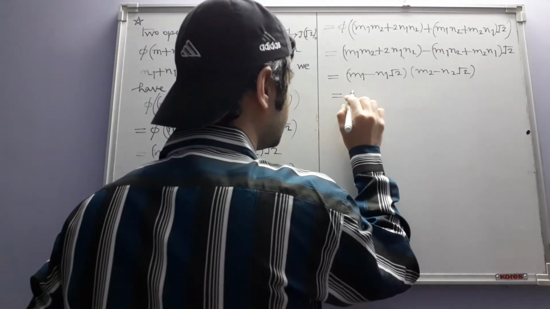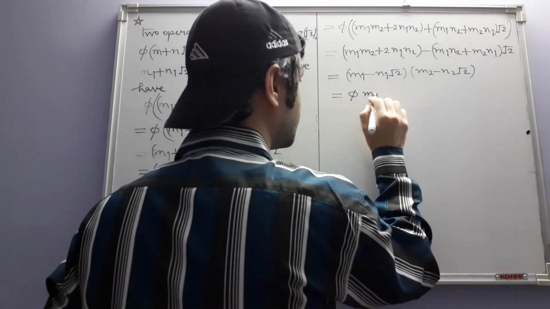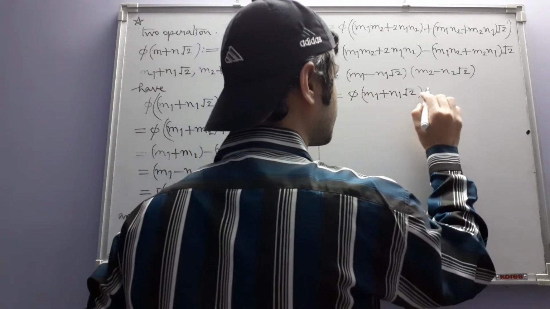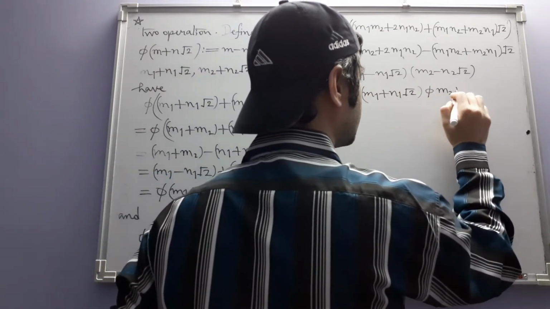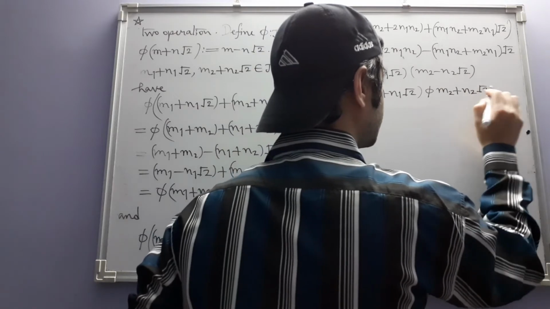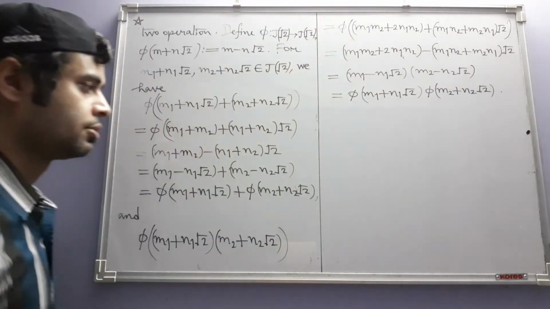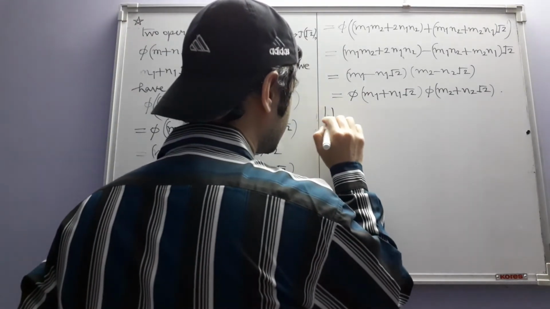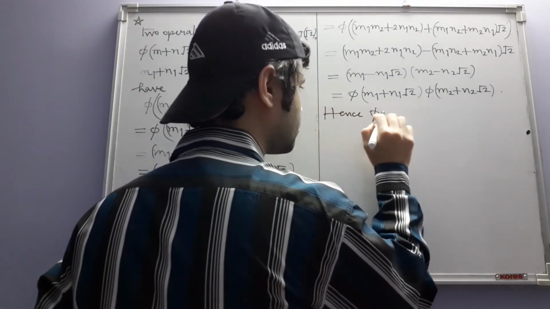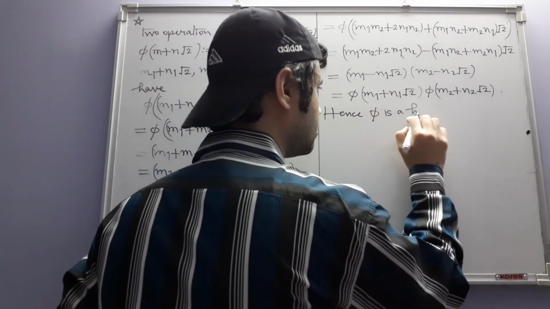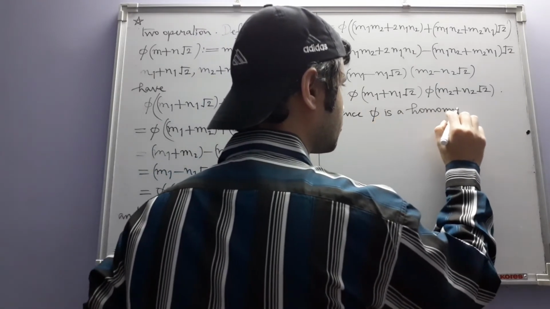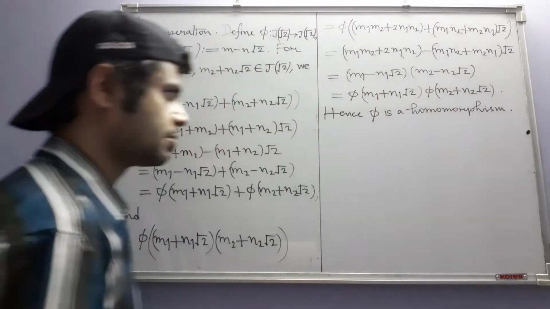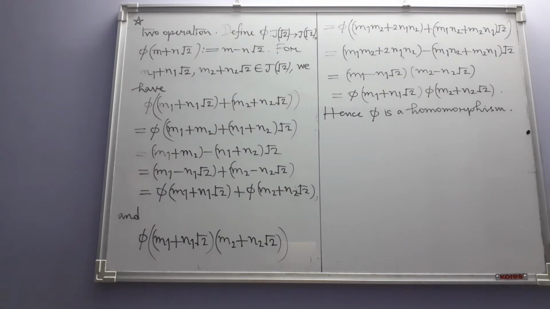And this is nothing but phi of (m1 plus n1 root 2) times (m2 plus n2 root 2). So that's why phi is a homomorphism. Hence, phi is a homomorphism. Now comes the question of kernel of phi.